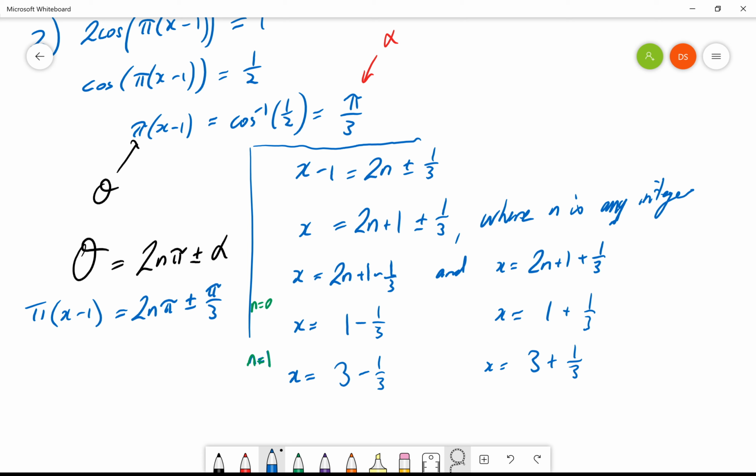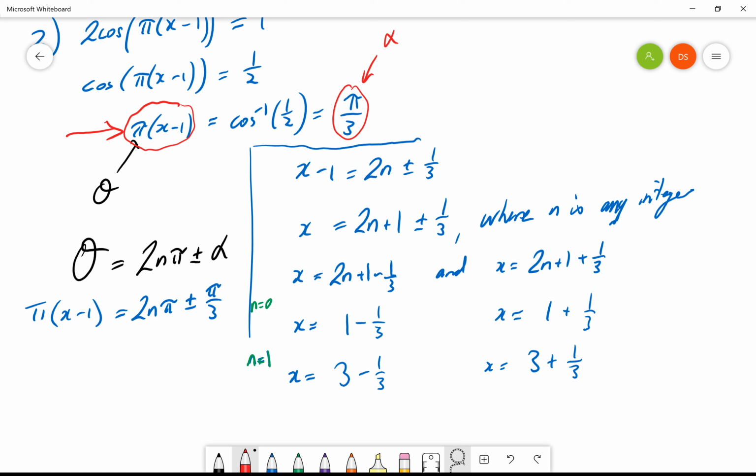Why didn't you divide by pi initially? So Oliver, if you're asking why I divide by pi here, it's because if I divided by pi, it'd still be okay, but my general solution wouldn't be correct. Remembering this whole thing has to be my theta, and this whole thing is my alpha. Okay?